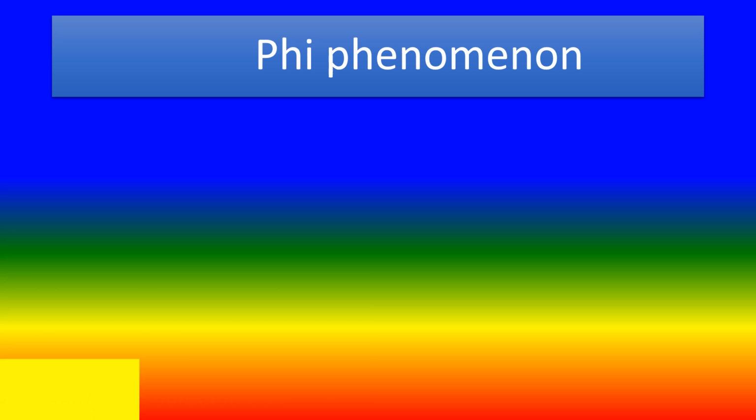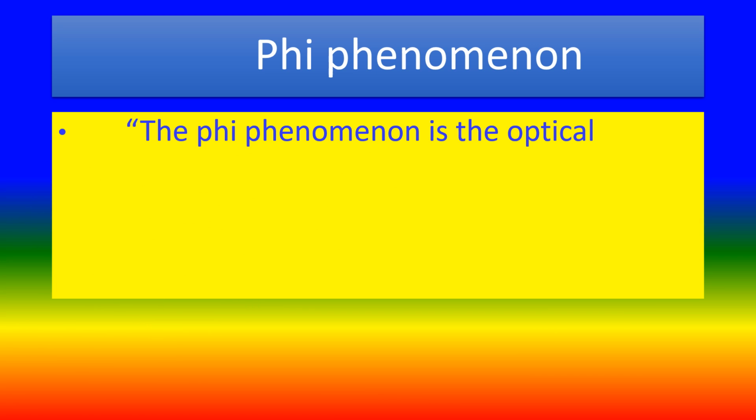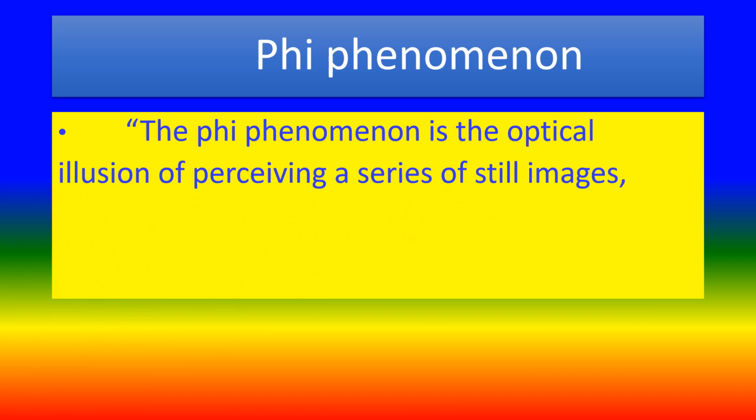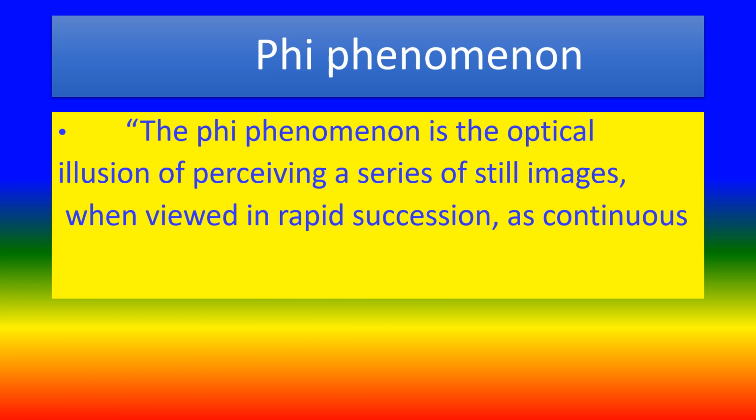Phi phenomenon. The phi phenomenon is the optical illusion of perceiving a series of still images, when viewed in rapid succession, as continuous motion.